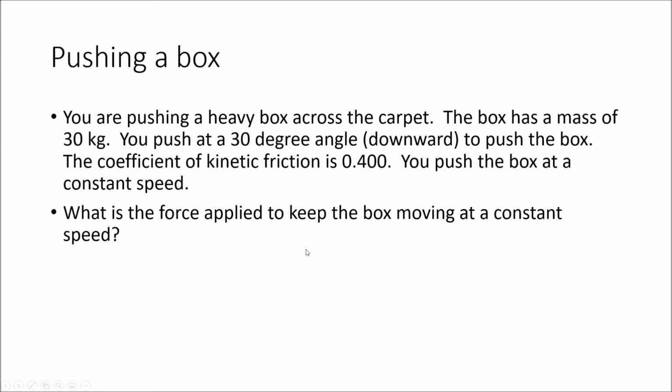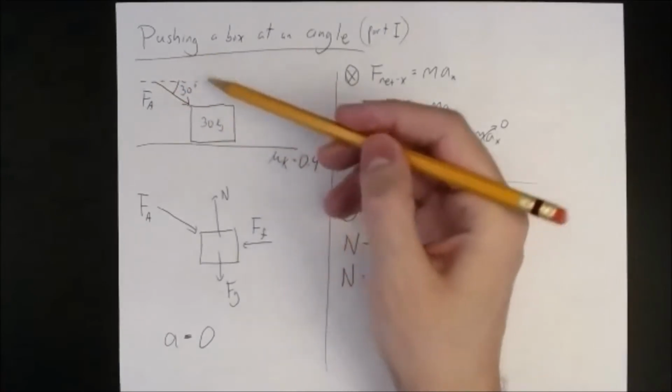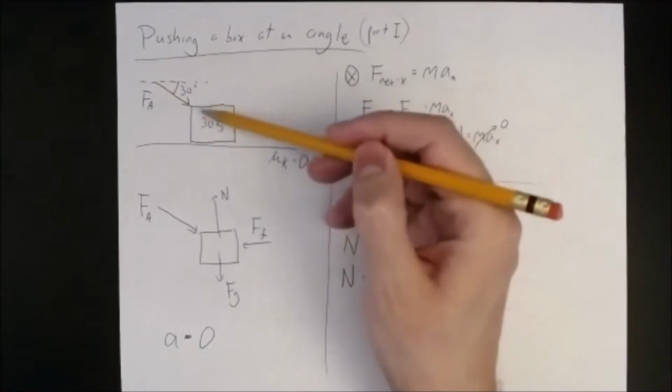The main question we're going to deal with here is, what is the force applied to keep the box moving at a constant speed? We're pushing down on the box at an angle of 30 degrees. The box has a mass of 30 kilograms.